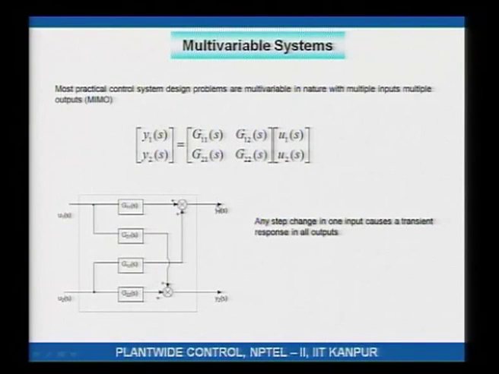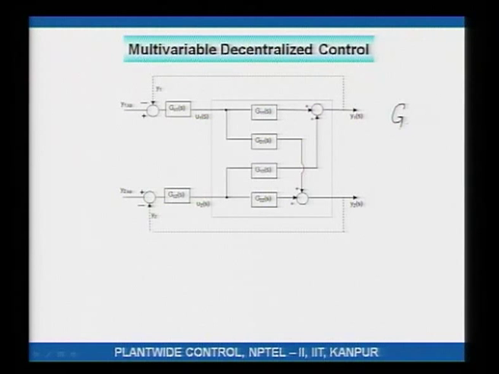Here, without the controllers, what we have is u1 affects y1 through this transfer function g11. The way to interpret these subscripts is, if I say gij, i refers to the output, j refers to the input.